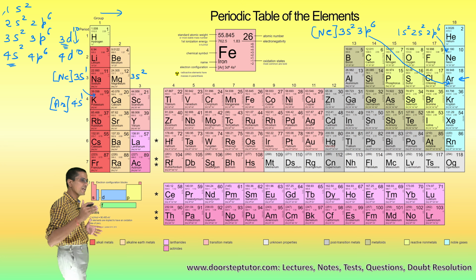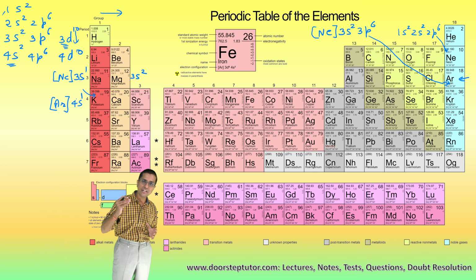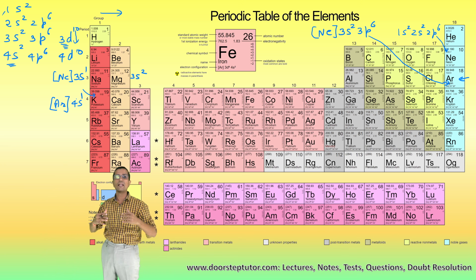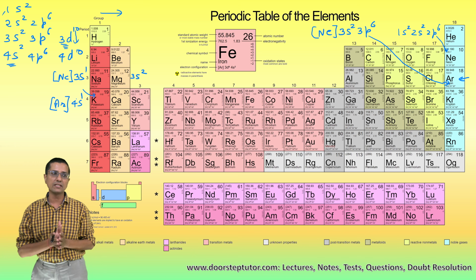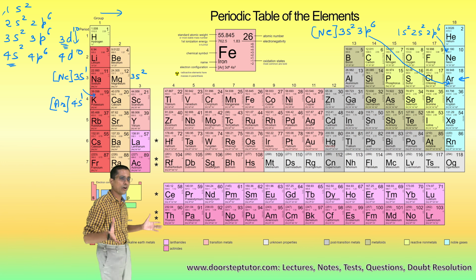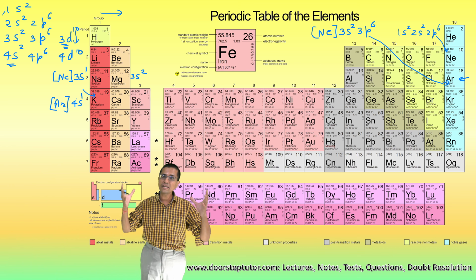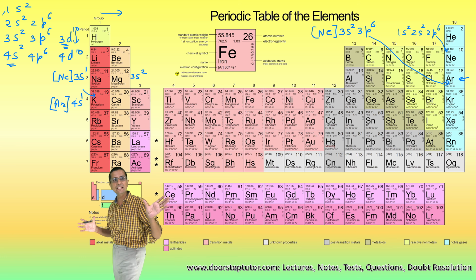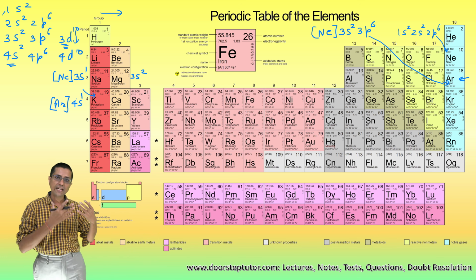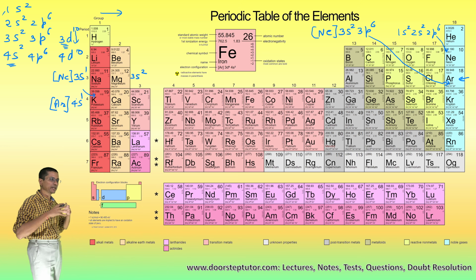The lower shells have a greater shielding effect on the d orbitals of higher shells than on the s orbitals. So because of this, the 3d orbitals are more effectively shielded by the electrons in the lower shells than the corresponding 4s. So 4s becomes lower in energy.